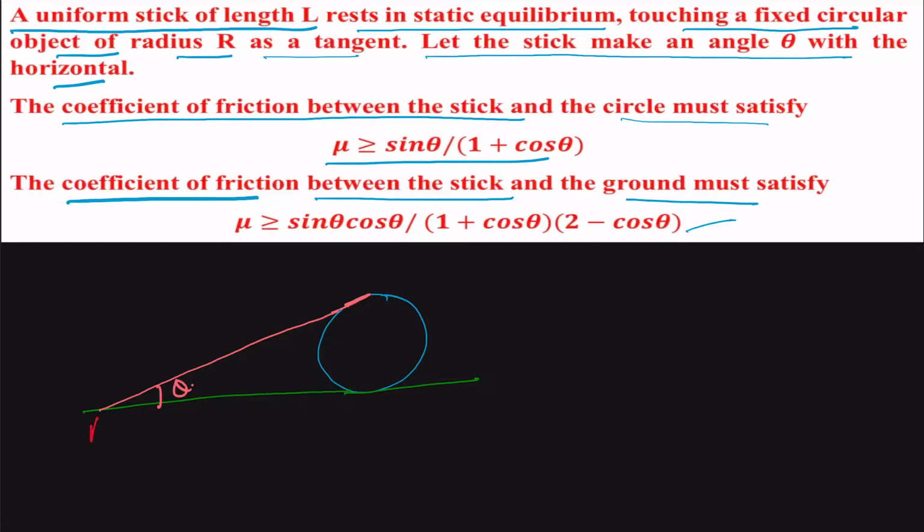Let us call this as A, and this point is B, center as O, and our radius is our R. Okay, so this is the basic figure.